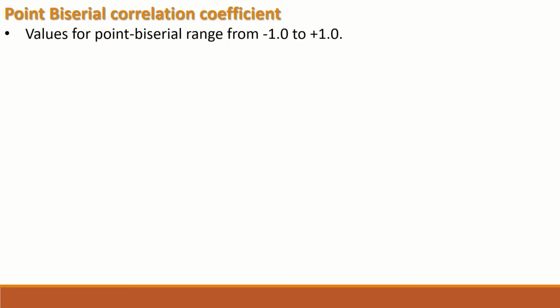The test generates values that range from -1 to +1. +1 indicates a perfect positive correlation.